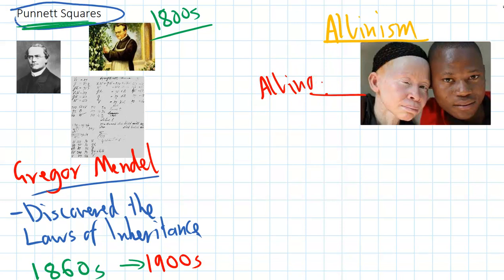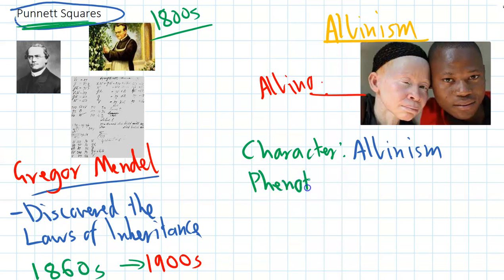So, in this case, we're looking at the character of albinism. Or really of melanin production, but we'll call it albinism, that's fine. The phenotypes you can have for this particular gene, you can either be albino or you can be normal skin tone.